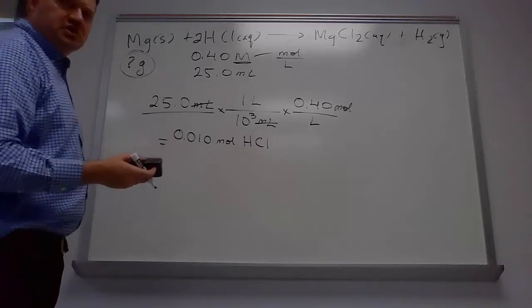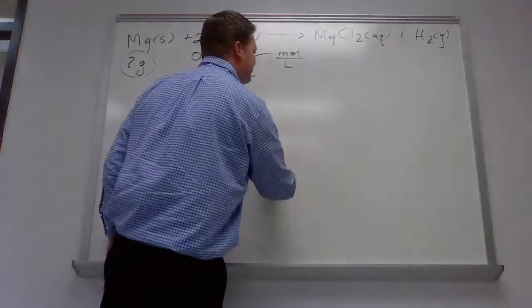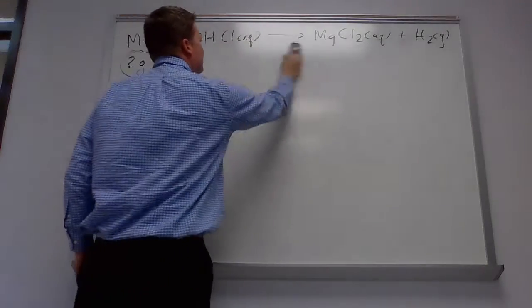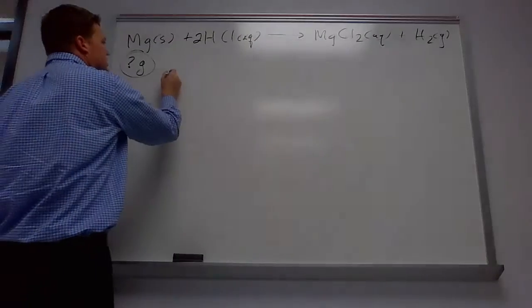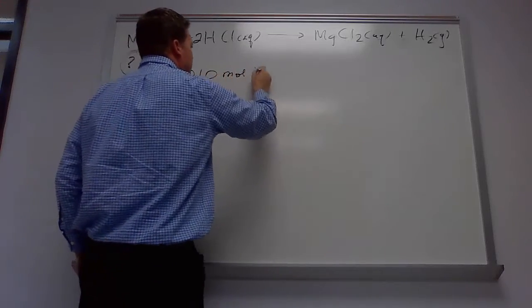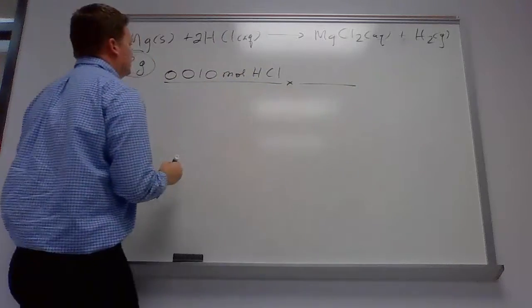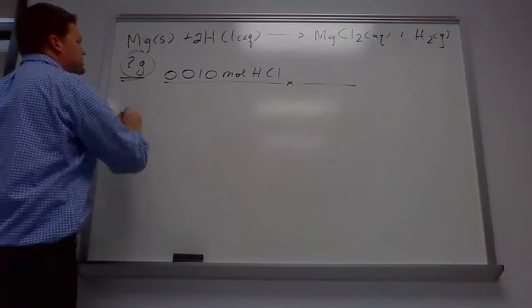Okay, now to do the next part, we say, okay, we have 0.010 moles of hydrochloric acid. But we weren't asked about hydrochloric acid, we were asked about the magnesium.